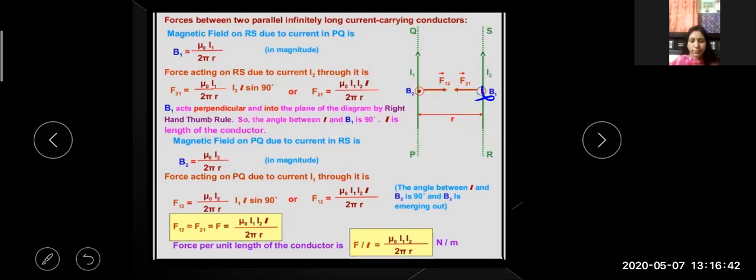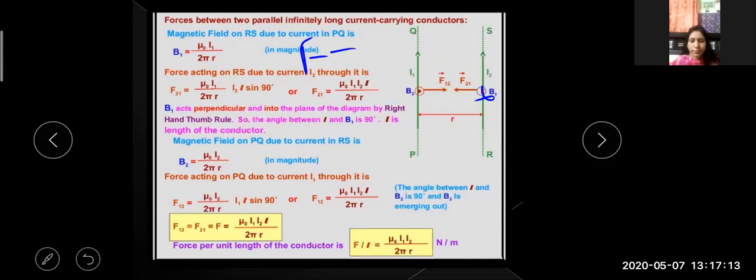Now, due to this magnetic field, conductor RS experiences a force, right? So the force acting on RS due to current I2 through it is given by, we have already discussed, the force on a current carrying conductor placed in a magnetic field is given by F equal to ILB sine theta, right?